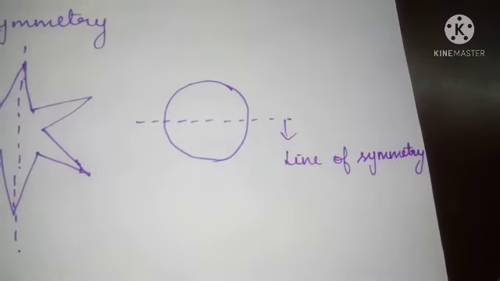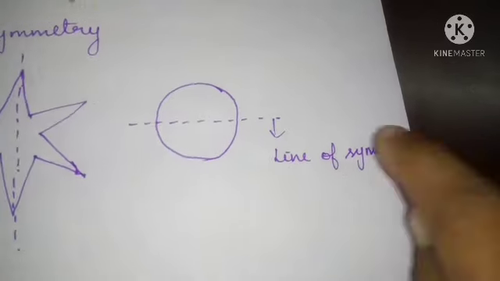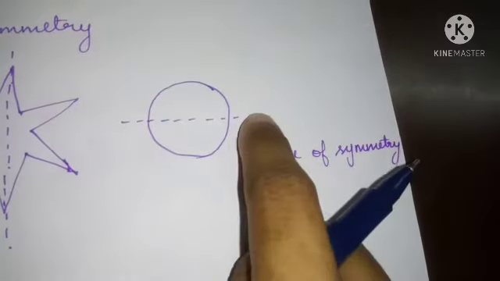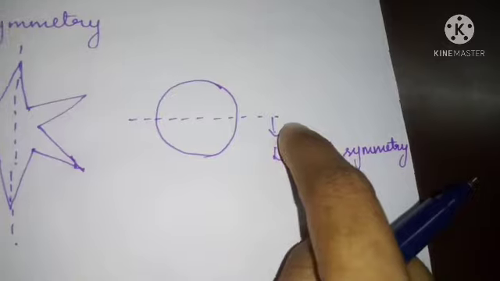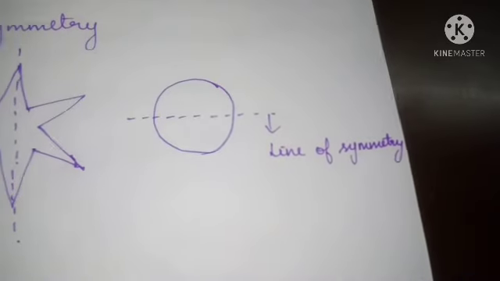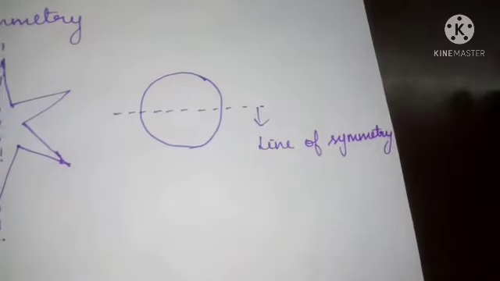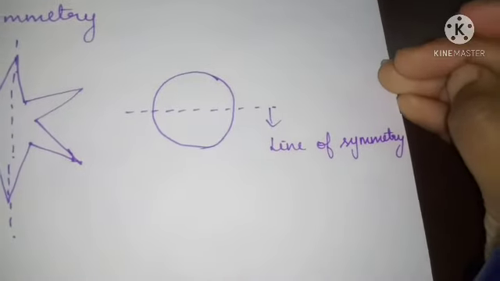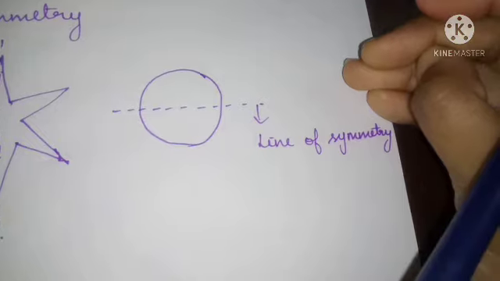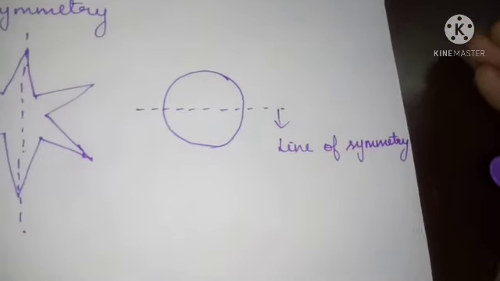So this is called line symmetry because I am going to divide this diagram with a line. Based upon this line only I am going to say whether this diagram is symmetrical or not. Just by seeing we cannot say. Once I draw the line and see, I can confirm that the given diagram is symmetrical.